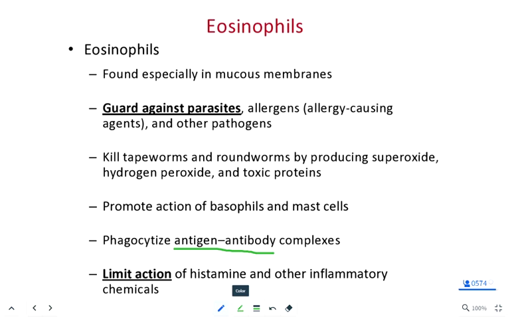But eosinophils can phagocytize pathogens, but they're going to phagocytize a pathogen that's been covered with antibodies. I like to think of the eosinophil as my 5-year-old son. They're picky eaters. They don't want to phagocytize just any bacterial cell. They're going to be kind of picky and only eat the bacterial cells that have antibodies on their surface. Or as I like to think of them, a preference for sprinkle-covered donuts as opposed to regular donuts.